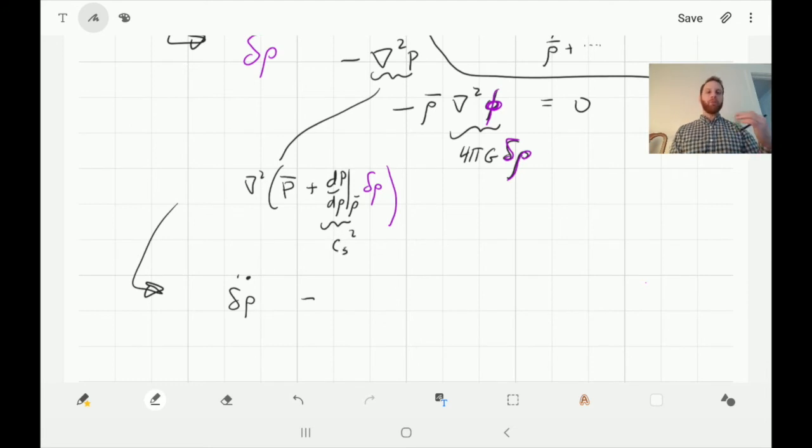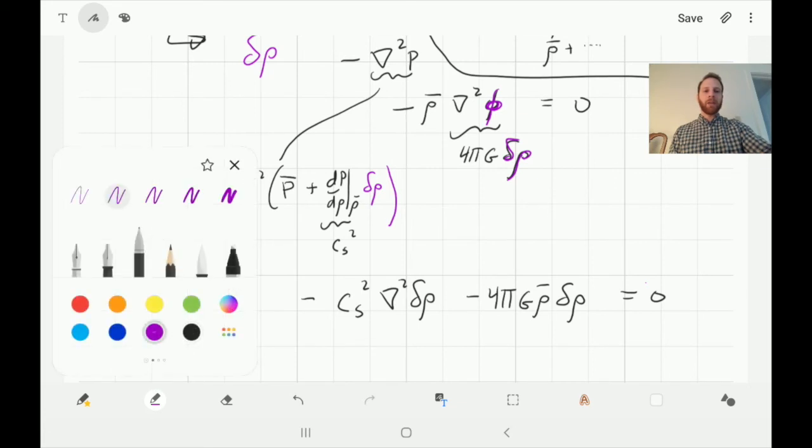The derivative of the pressure with respect to the density is the square of the sound speed. So I'll write simply sound speed squared times the Laplacian on delta rho, and then over in this third term we apparently have a minus, and I'll write it in this order, 4 pi G rho bar times delta rho. There we go.